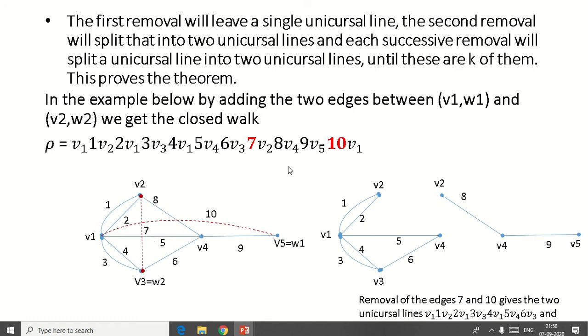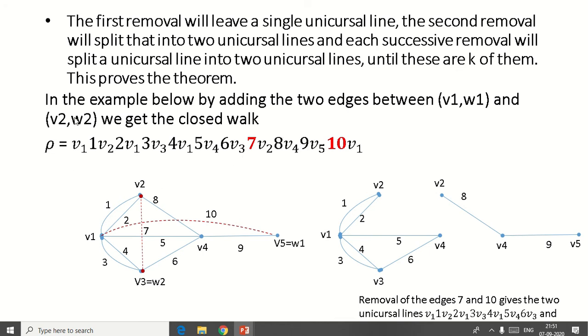And from this Euler line, if we remove 7 and 10, you will get two universal lines like this. V1, 1, V2, 2, V1, 3, V3, 4, V1, 5, V4, 6, V3, which includes all these edges exactly once, and the second universal line is V2, 8, V4, 9, V5.